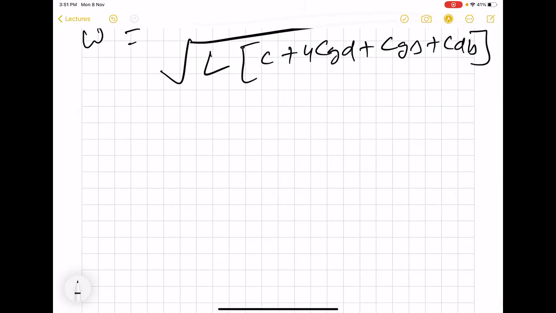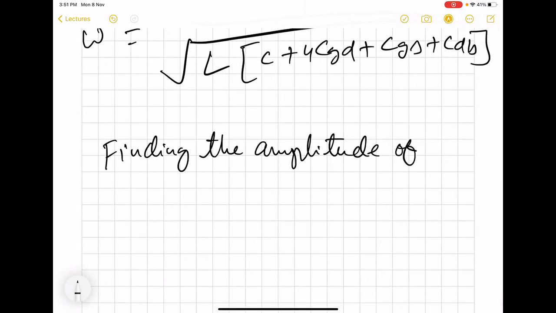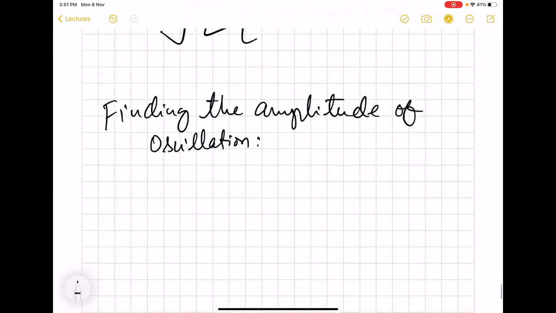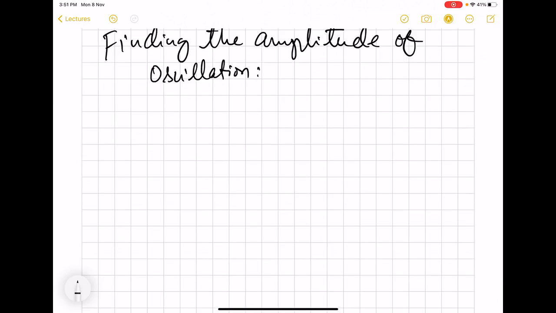Now we would like to know that when we set up this circuit, what is the maximum amplitude of the output signal that we will get. So for cross-couple oscillator, we want to know what will be the amplitude of the output.